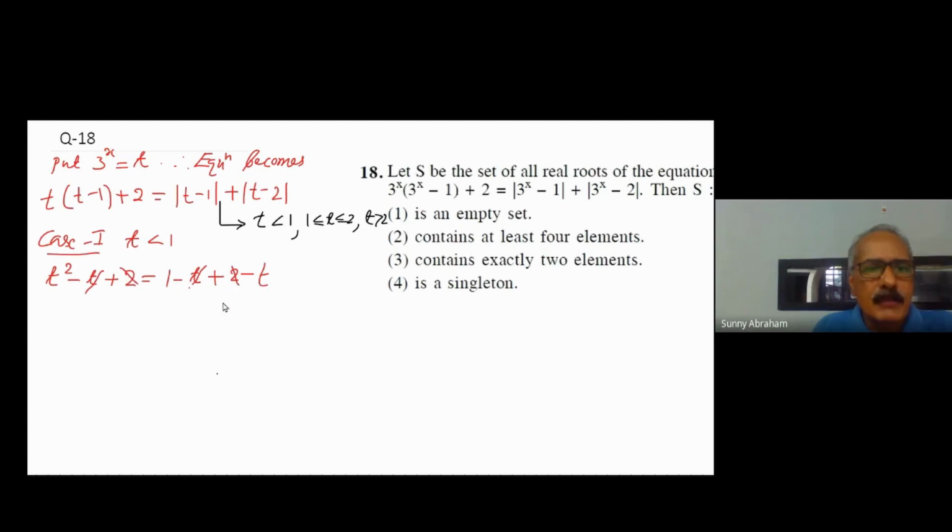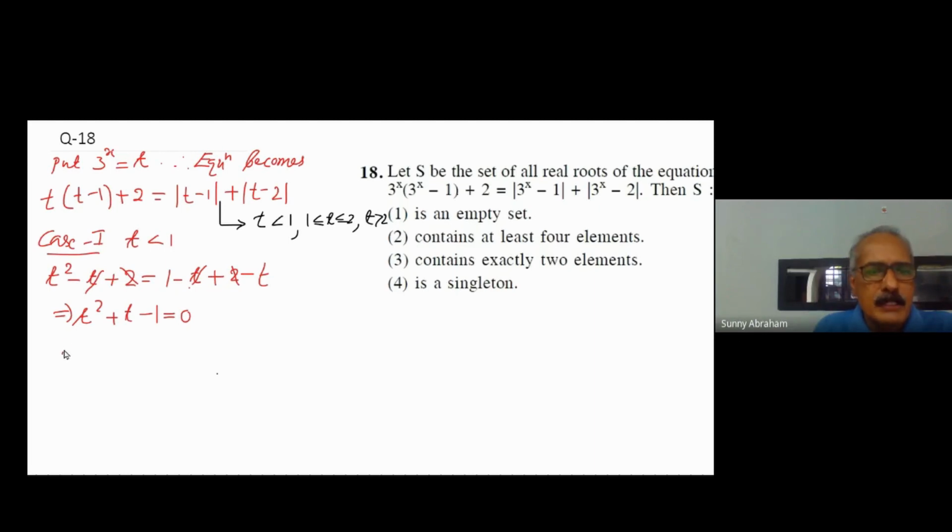Transferring the right side to the left side, you get t² + t − 1 = 0. Remember, the value of t should be less than 1. This is a quadratic equation.